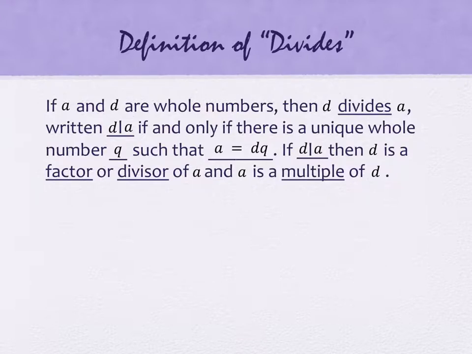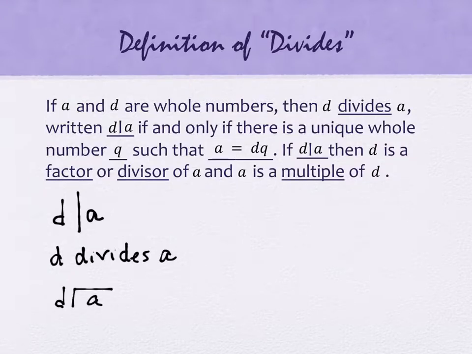Now there's a bit of notation on this screen that's a little awkward, just because of what you're used to with fractions. This line means divides. So this is saying D divides A. You can think about it like old style division from the younger grades, left to right.